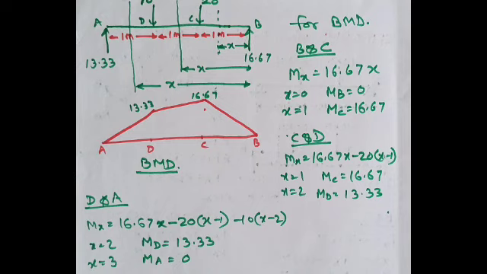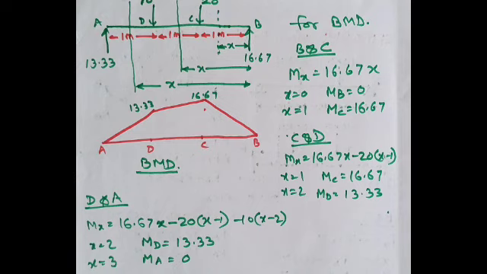Now take the moment Mx equal to 16.67 into x minus 20 into x minus 1 minus 10 into x minus 2. Now put x equal to 2 and x equal to 3. You will get Md equal to 13.33 and Ma equal to 0.